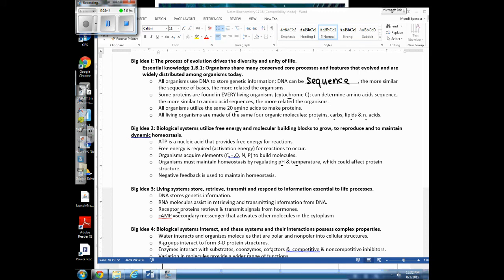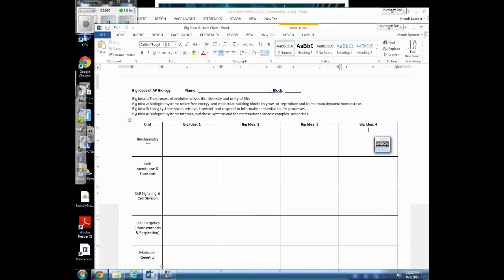For me, I think it's very easy to remember that all organisms contain DNA. So I'm going to mention that in this first box. And I'm going to relate that to the idea of evolution, because that's the concept behind big idea number 1.